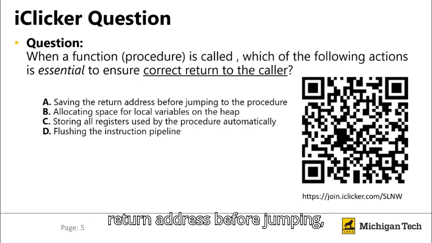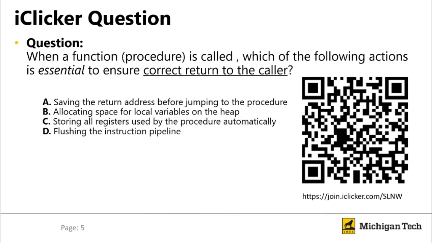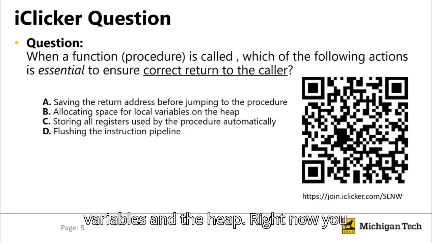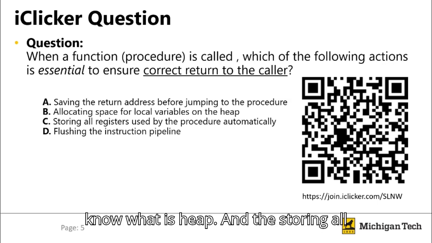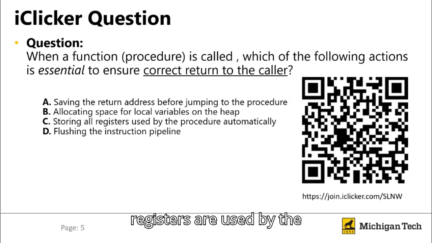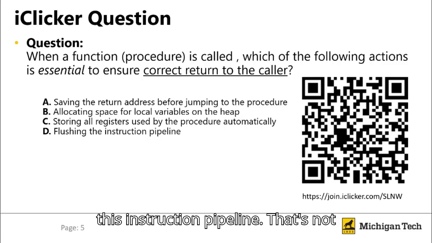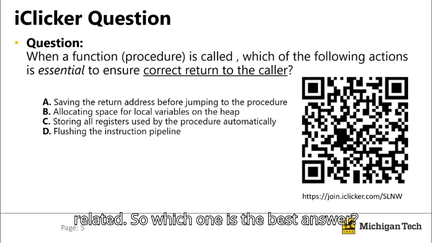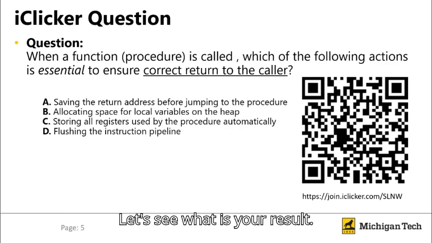Saving the return address before jumping, allocating space for local variables and the heap, right now you know what a heap is, storing all registers used by the procedure, which is not automatic, and flushing the instruction pipeline, that's not related. So which one is the best answer? Let's see what your results are.